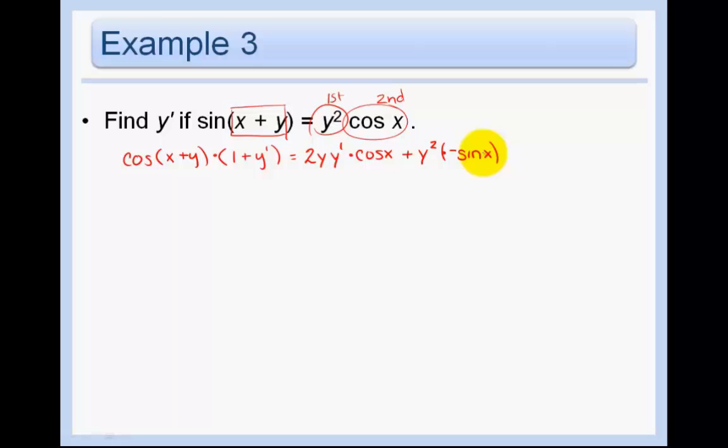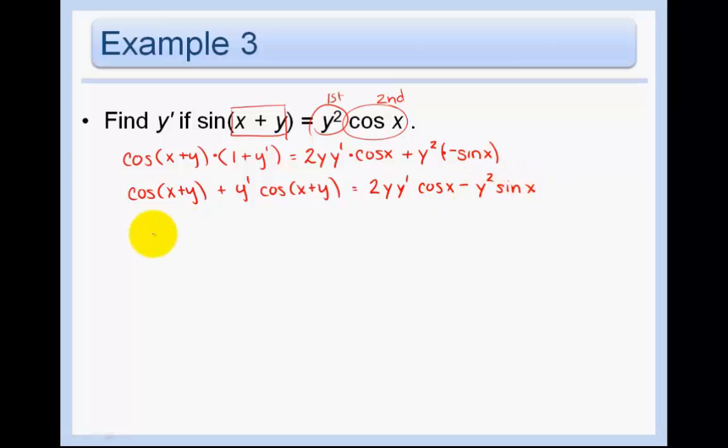Let's go ahead and multiply the left side out. So we have cosine(x + y) plus y prime cosine(x + y) equals 2y y prime cosine x minus y squared sine x.